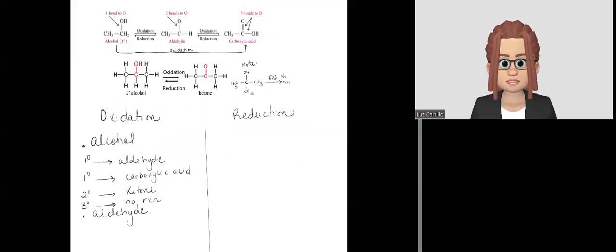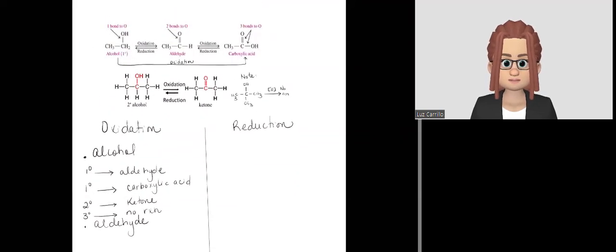When we compare these structures of an aldehyde, a primary alcohol, a secondary alcohol, or a tertiary alcohol, the reason why a tertiary alcohol cannot get oxidized is because the carbon that is holding the OH does not have a hydrogen directly attached to it.